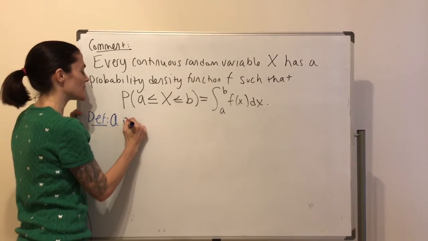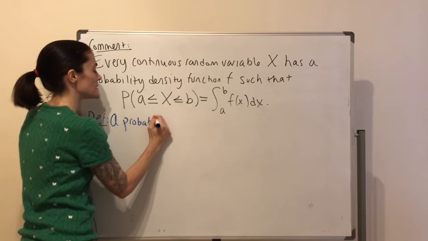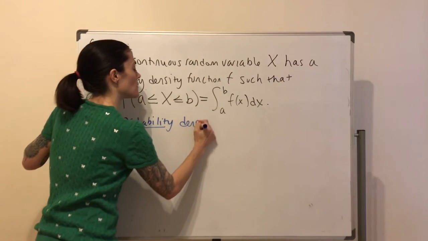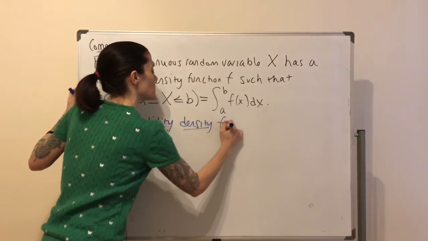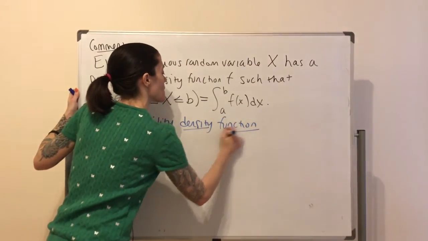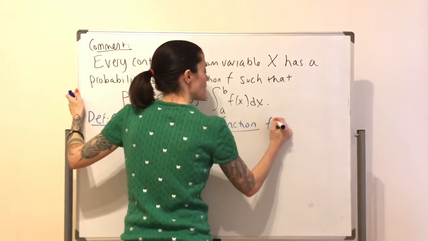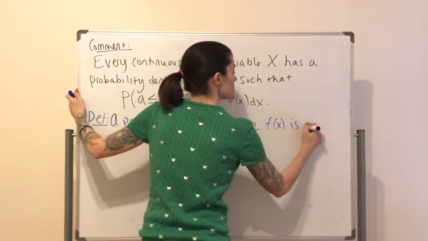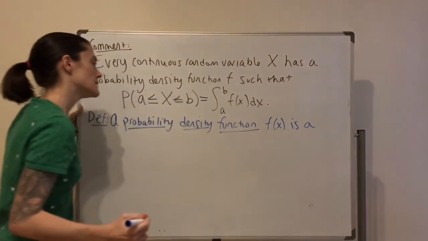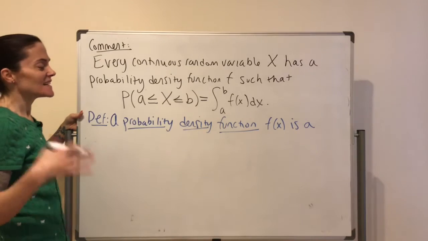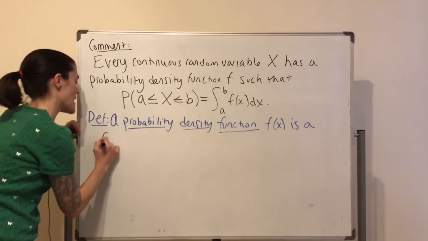A probability density function f of x is, well, let me say it this way.